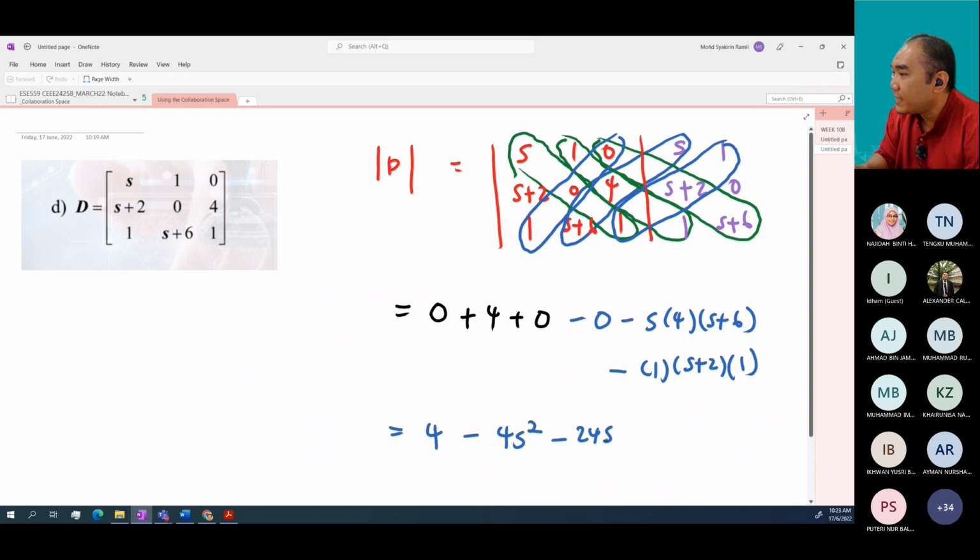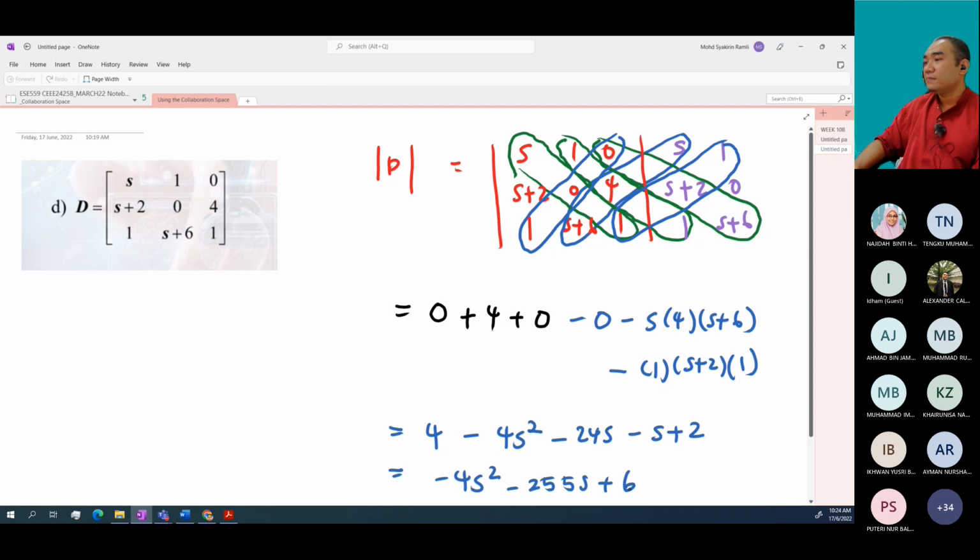Okay. 24S minus with S plus 2, S plus 2. And in the end, you can arrange it properly. You get it's going to be minus 4S square minus 25S plus with 6. Okay, plus with 6. So you got the determinant of the matrix D.